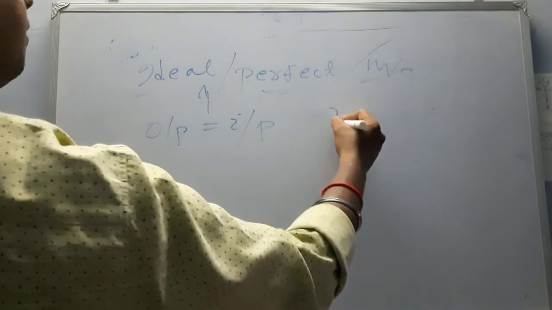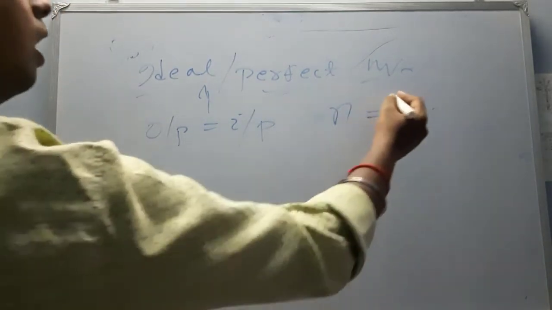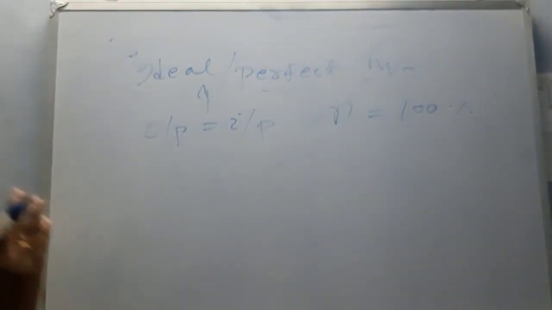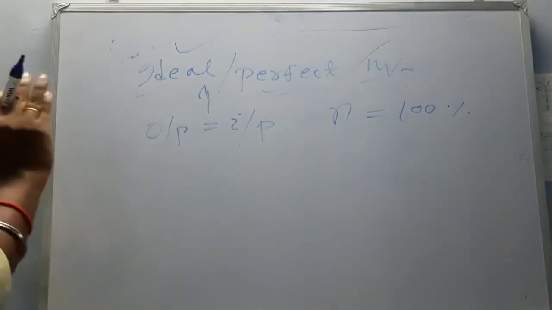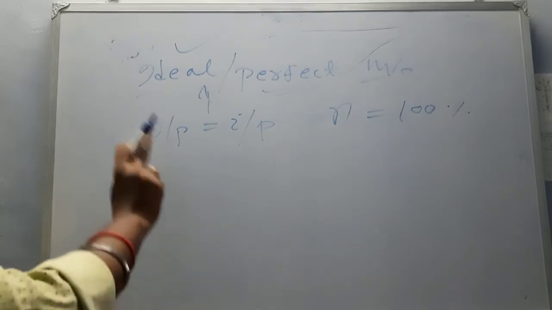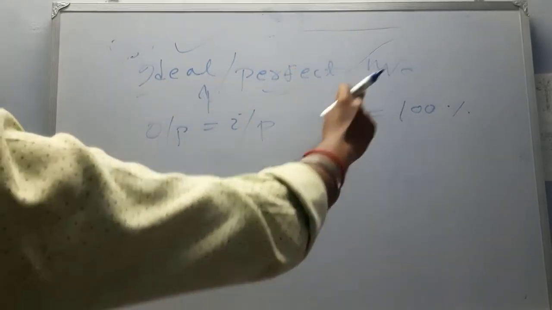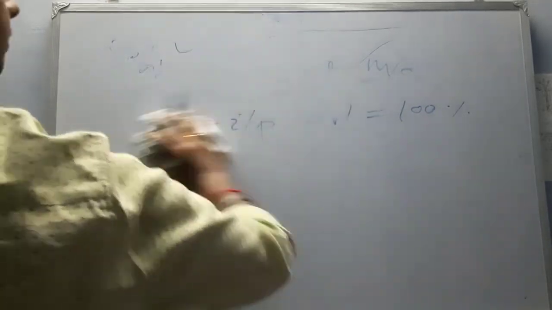Now see students, if output is equal to input, the efficiency will be 100%. There is no real machine in this world which is ideal or perfect. If they ask in an objective what is an ideal or perfect machine, then you should write: the machine whose output is equal to input, which concludes as efficiency of 100%, is known as a perfect or ideal machine.